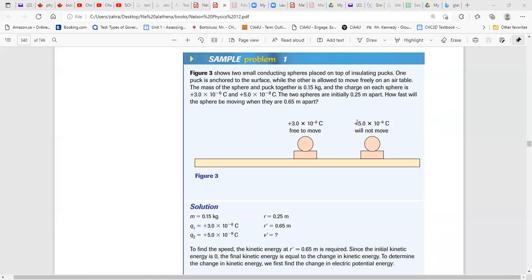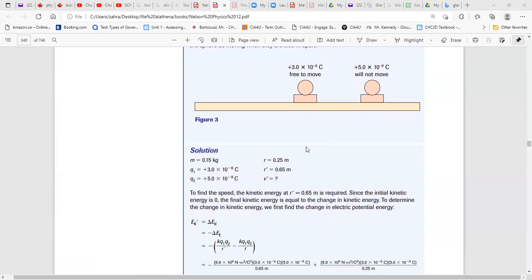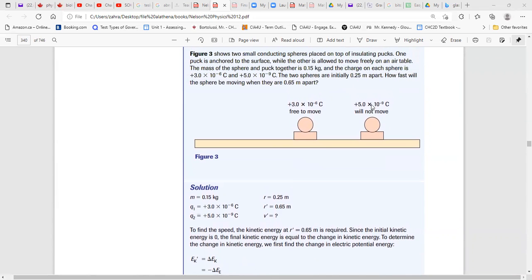Okay, so here is not moving. This one is free to move. Before, both velocities are 0 before they interact. And there is a potential between them, right? The potential that this will have on the other one.